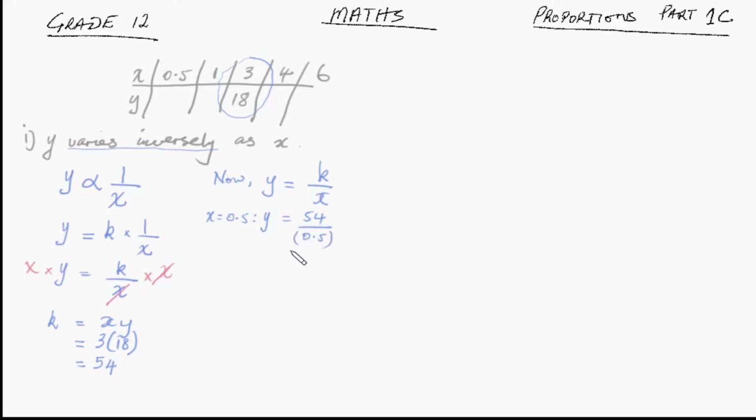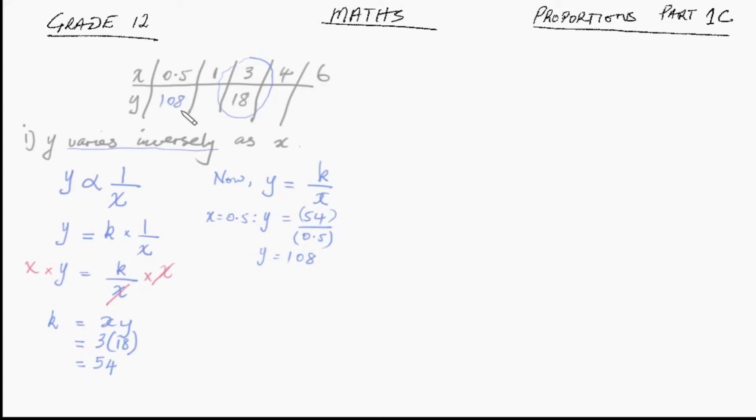We have substituted this. Now, 54 divided by 0.5 is going to be how much? 108. Then y equals 108. That means the value of y here will be 108.